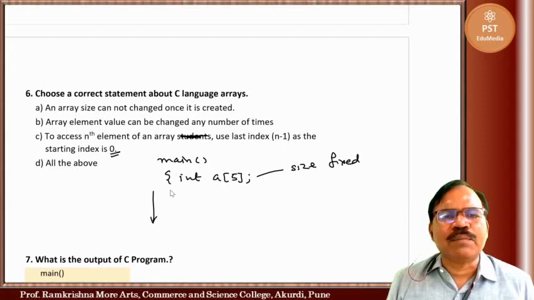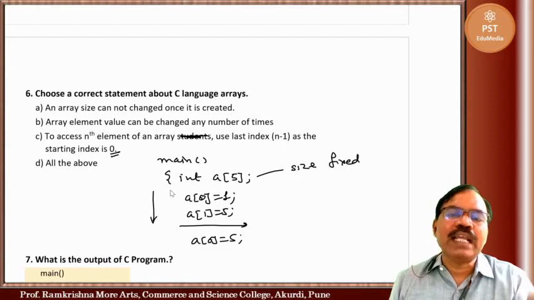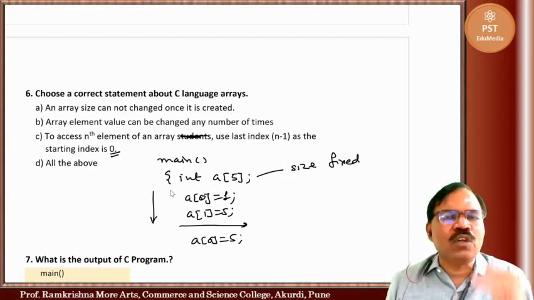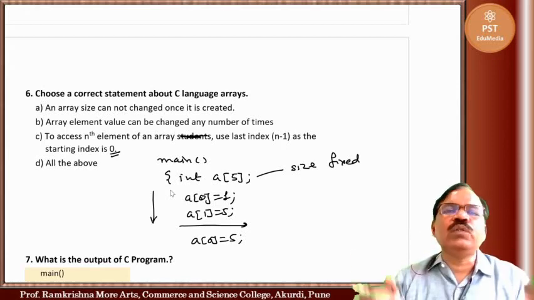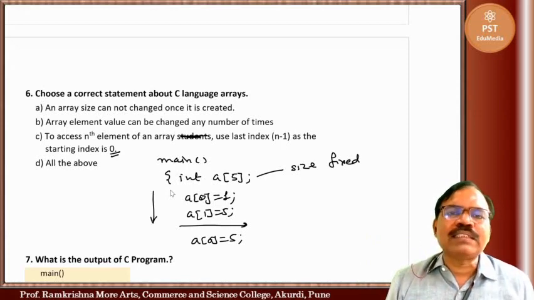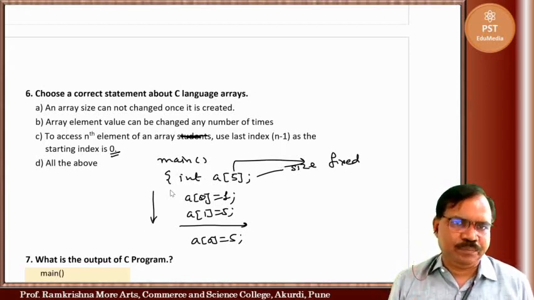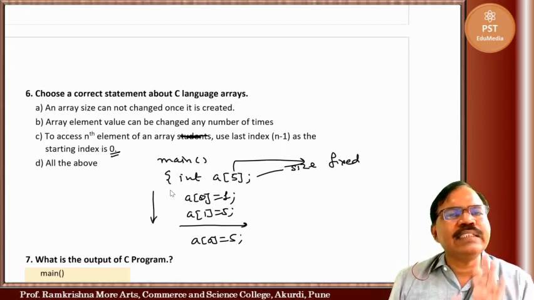But suppose we give a[0] equal to 1, a[1] equal to 5, then you can print these values. Then you can take a[0] equal to 5, meaning you can change the value of a[0]. You can change the value of a[1]. Means values in the array can be changed in the program. But the size of the array cannot be changed once it is declared.